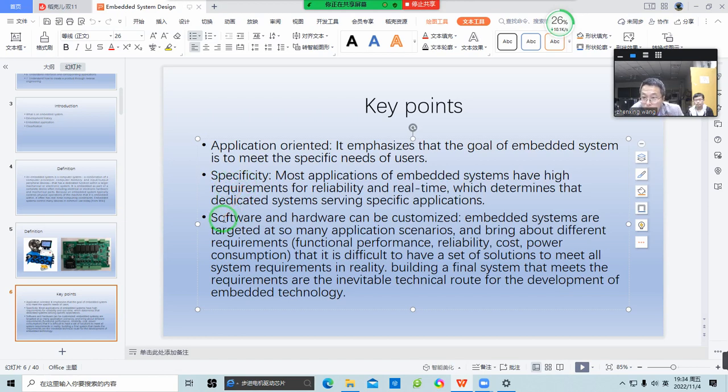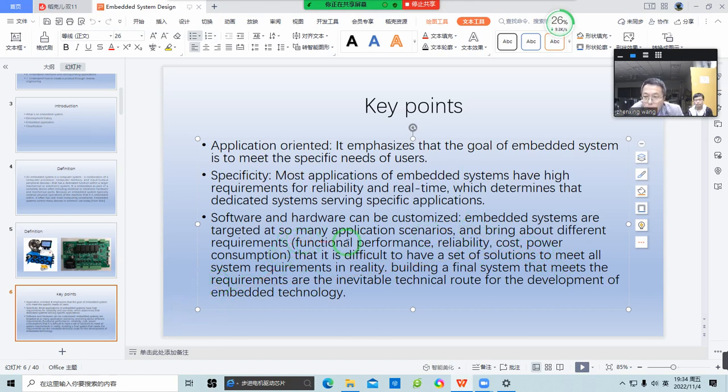And then, software and hardware can be customized. Unlike our desktop running Windows, embedded systems are targeted at so many application scenarios.